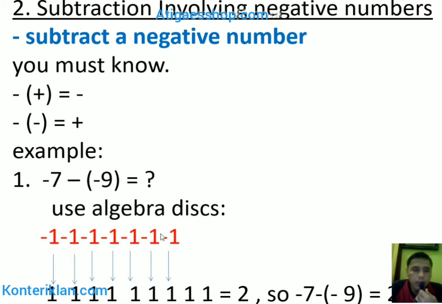Then you can cross out one by one the negative 1 against the 1 until the red ones finish. So the rest is positive 2. So negative 7 subtract, in the bracket, negative 9 equals positive 2.